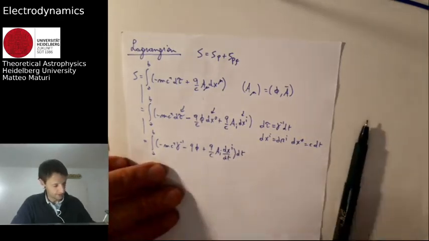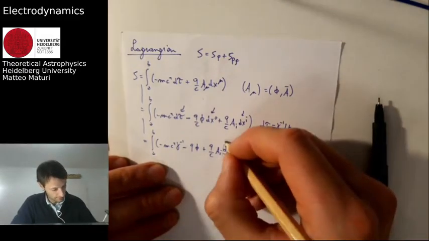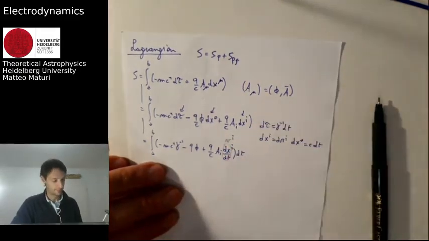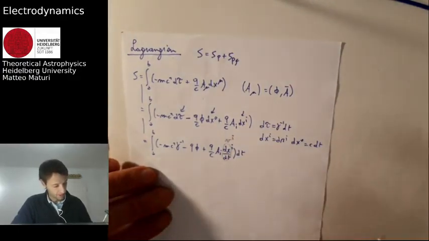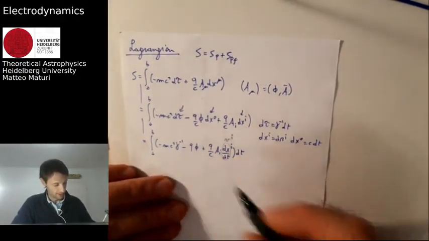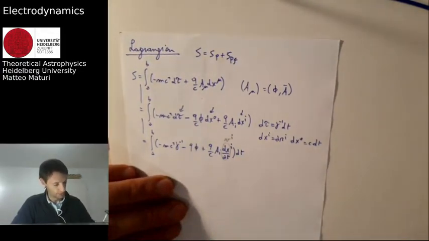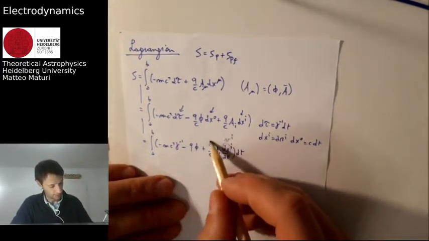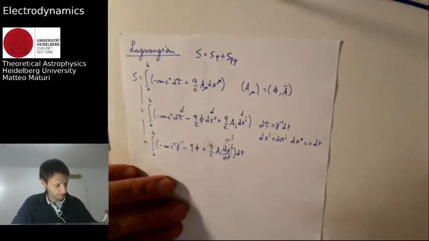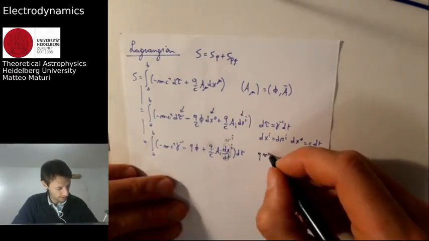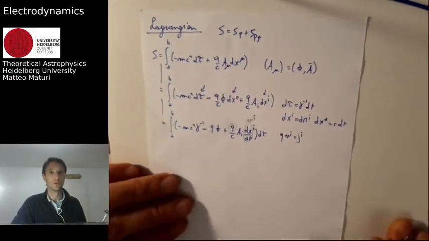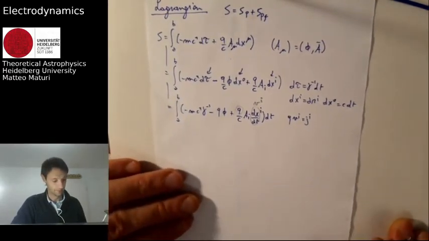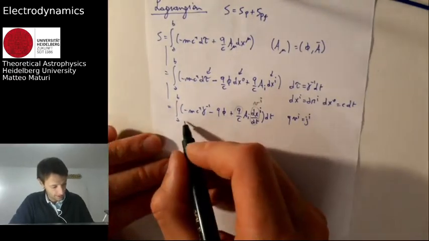So you see that this here is v i, the dx over dt. And then here we have the current. If we take v i multiplied by q, q v i is equal to the three-dimensional current. Okay, good. This is the Lagrangian.